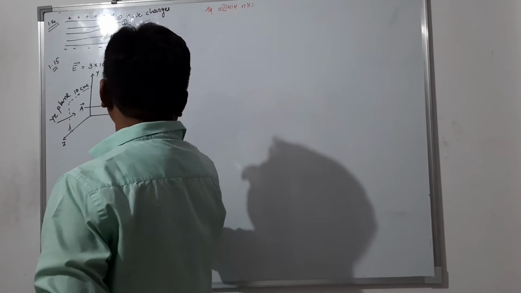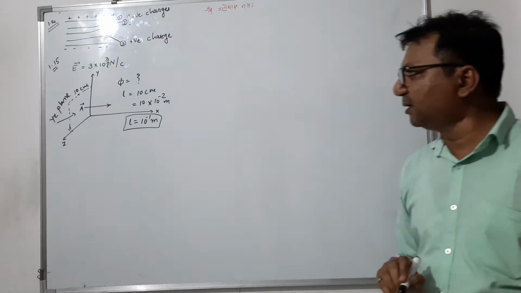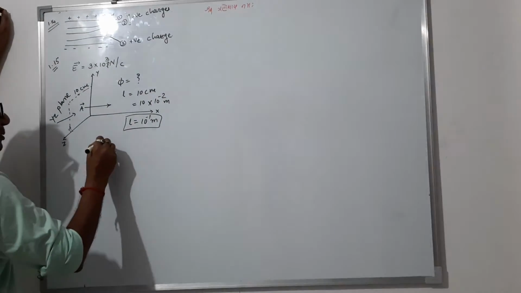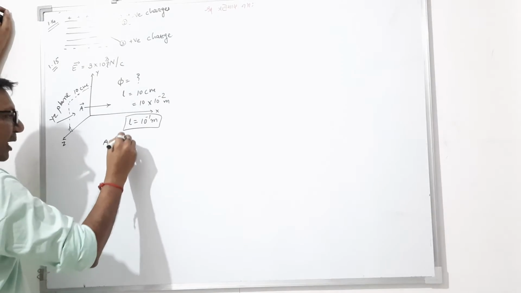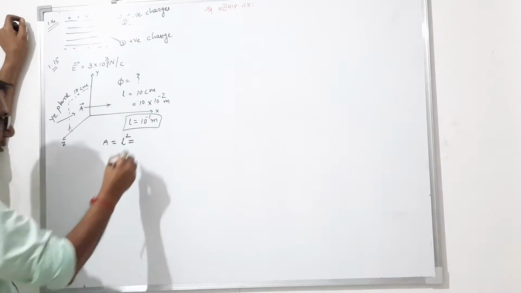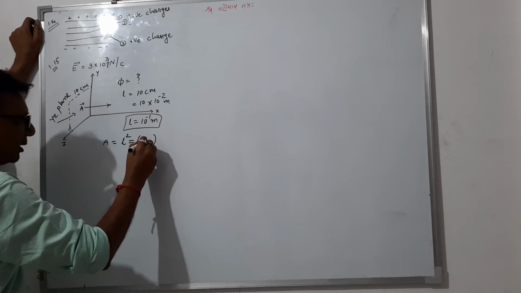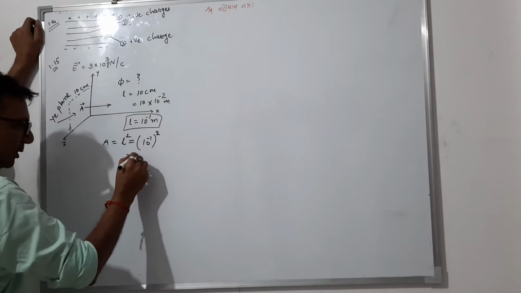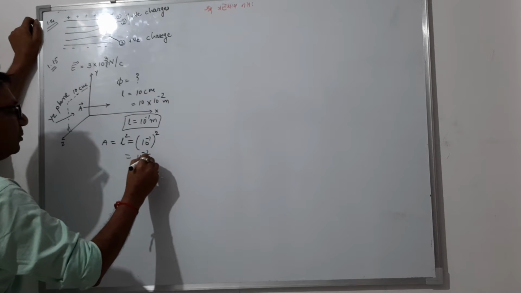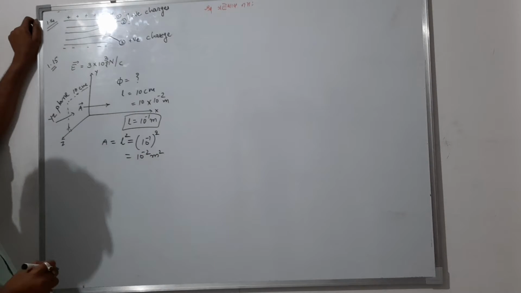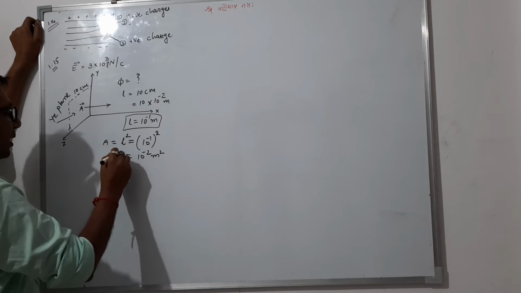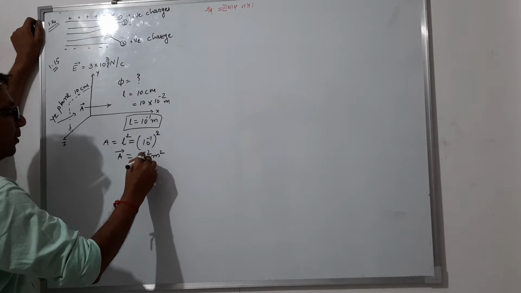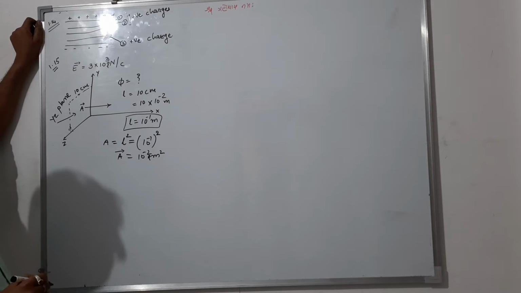So this is your L, and due to this L your area is equal to L square because it is a square. So 10 raised to minus 1 square, so it is 10 raised to minus 2 meter square. So this is your area, and it is in vector form. You can write down in this way.